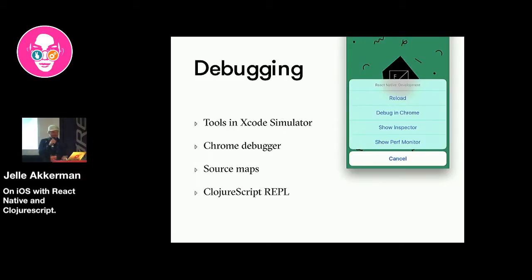It would create a WebSocket connection to Chrome, which has this really rich debugger. So you would use this debugger. It has source maps, and you can do like you're used to on the DOM. You can inspect components.